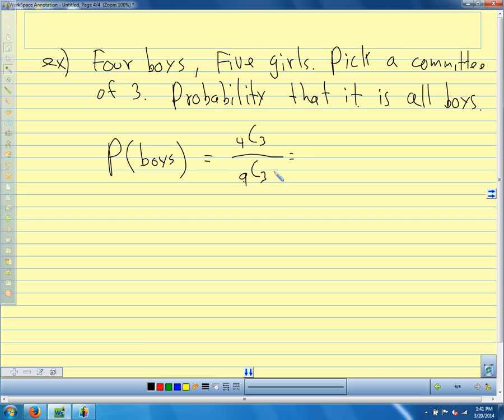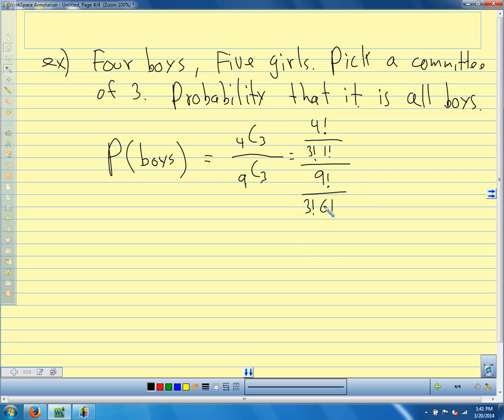And if we simplify this, let's do this one by hand. So 4 choose 3 is 4 factorial over 3 factorial times (4 minus 3) factorial, which is 1 factorial, divided by 9 factorial over 3 factorial times (9 minus 3) factorial, which is 6 factorial.